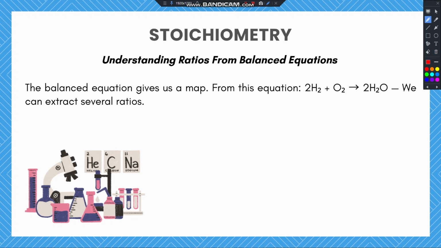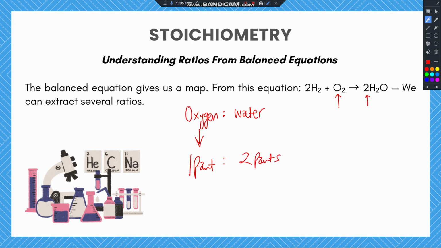How about if we're asked to obtain the oxygen to water mole ratio? Well, that's also easy. How many parts of oxygen are in this chemical equation? We have just one part, or 1 mole, whichever one you'd like to use. How many moles or parts of water do we have? We have 2 parts.